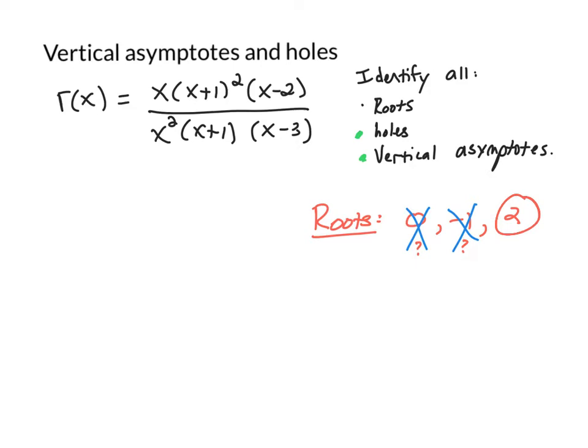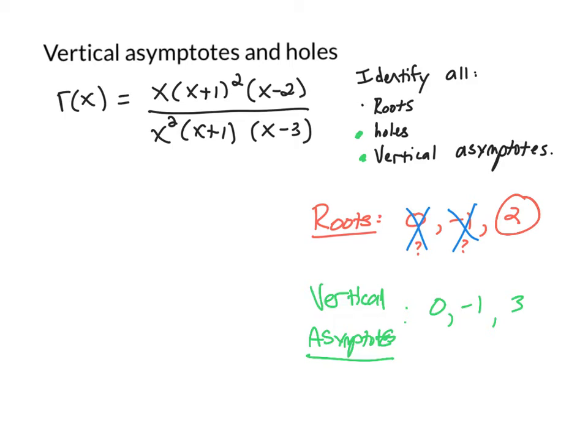Now I'm going to look at candidates for vertical asymptotes. So the zeros of my denominator, which are candidates for vertical asymptotes, are 0, -1, and +3. So 0, -1, +3 are candidates for vertical asymptotes.